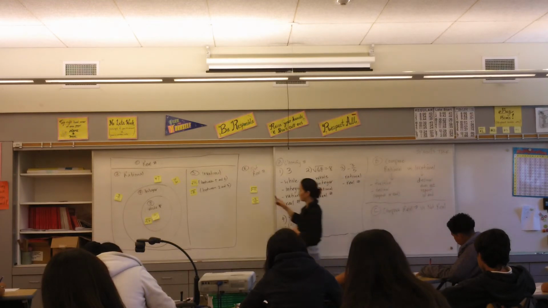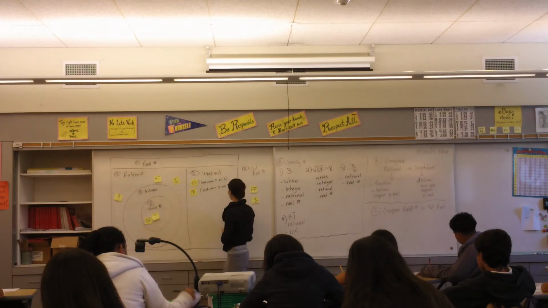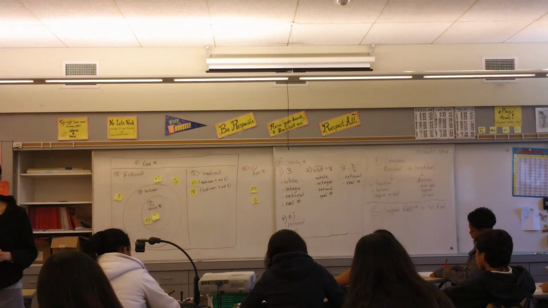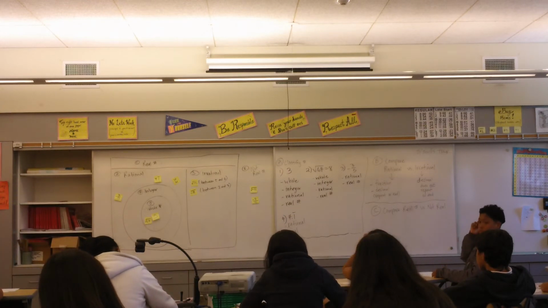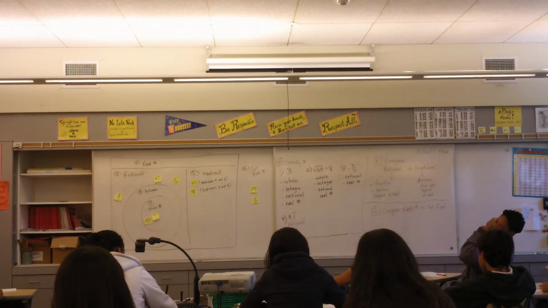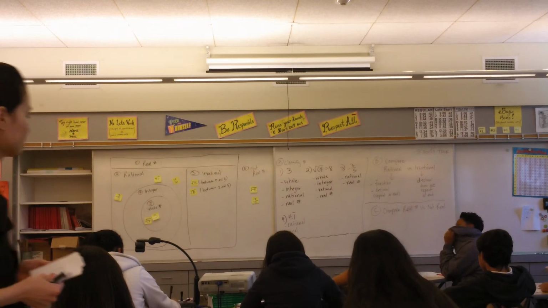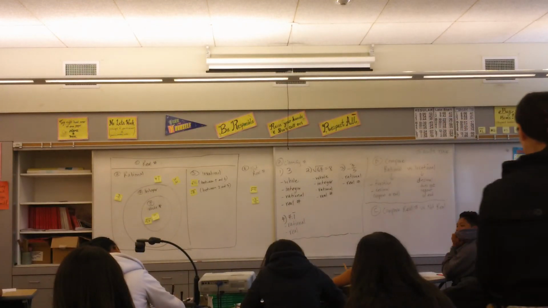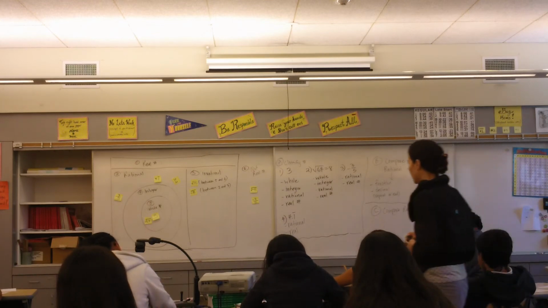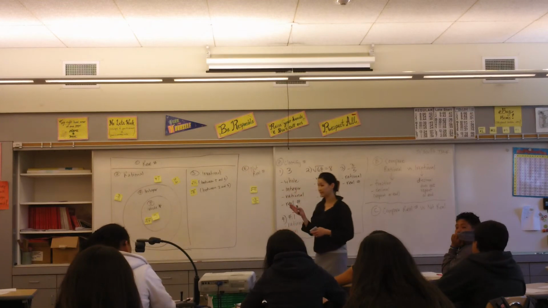So I want you to look at all the numbers inside this rectangular box and the number outside. Please tell me, compare them. Are they different? Who can tell me? Anybody? Look at all the numbers inside the rectangular box and look at the number outside. What is the difference? Yes.